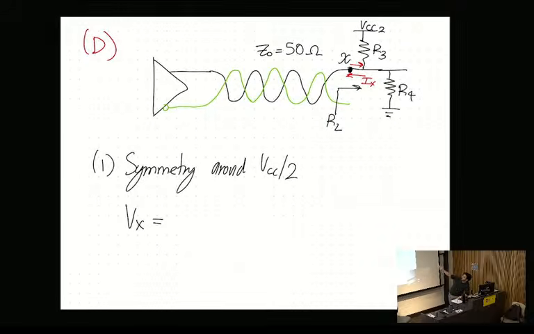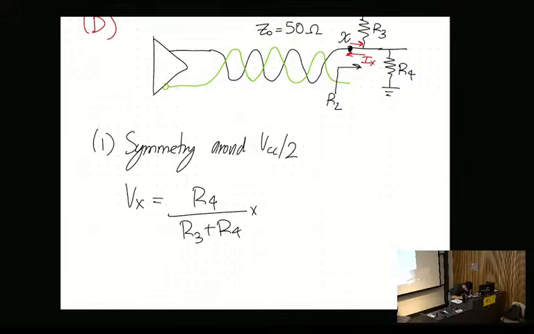But before that, we don't know what R3 and R4 are, so it's just a voltage division. So R3 plus R4 multiplied by VCC on 2. Yeah, cool. So it's just VCC on 2.